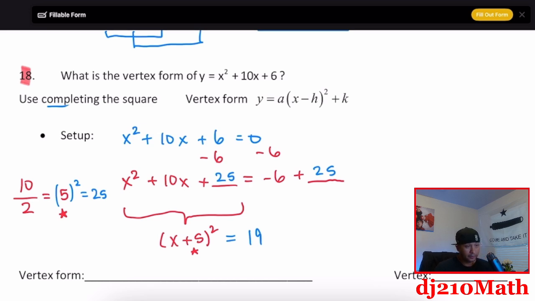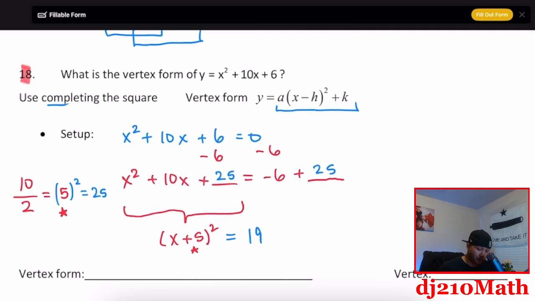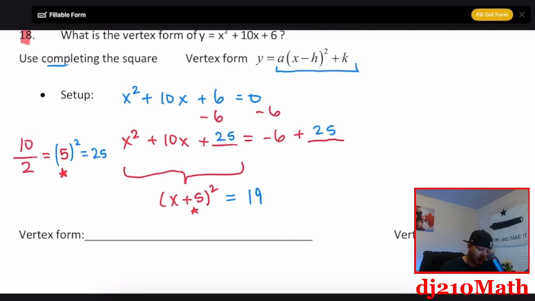So you're basically at the vertex form. However, the vertex form says everything needs to be on one side. So I'm going to subtract 19 from both sides. So the vertex form is x plus 5 squared minus 19 equals, now I could say 0, but really it equals y.